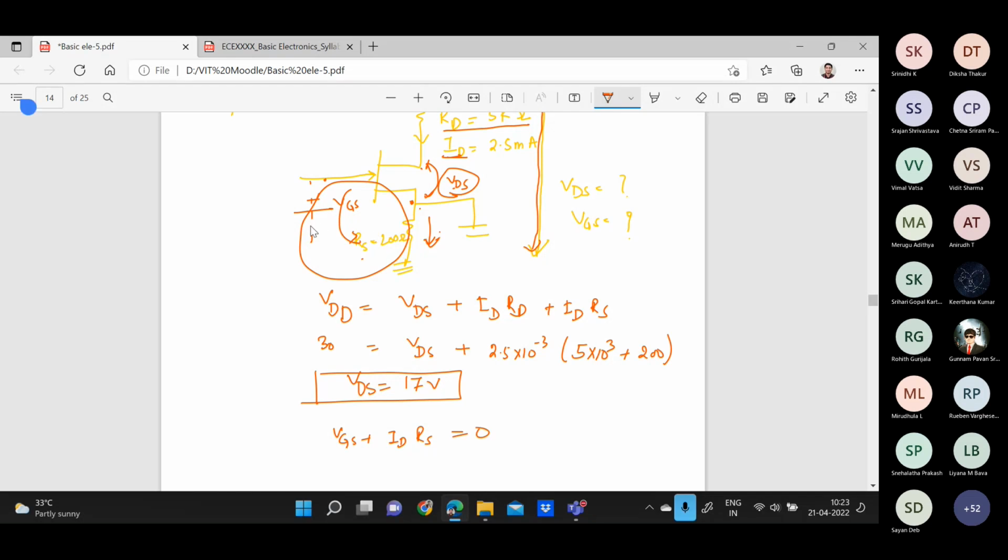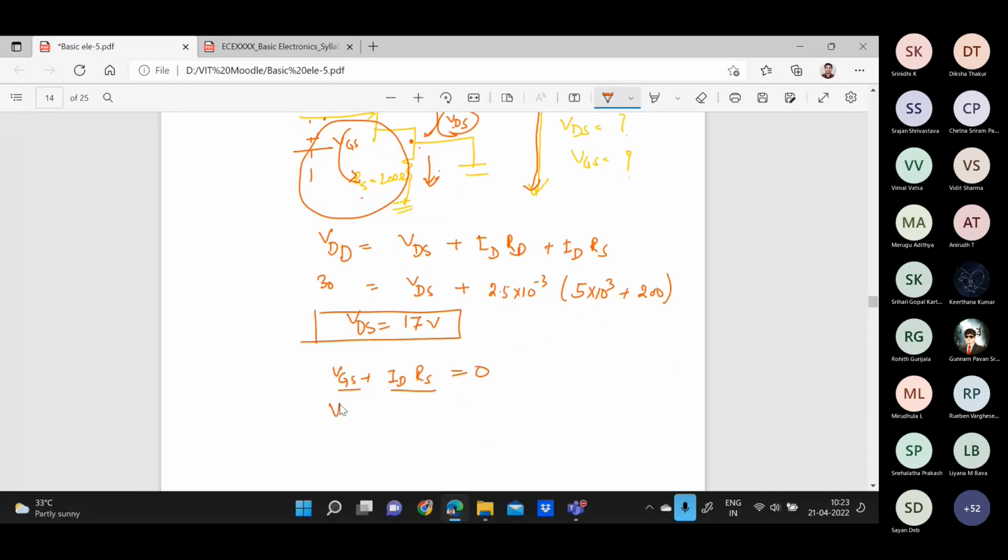So VGS is equal to minus ID RS. You know the value of ID. ID is 2.5 milliamps, so it will be 2.5 into 10 raised to power minus 3, and RS is 200. Substitute it here and tell me the answer.